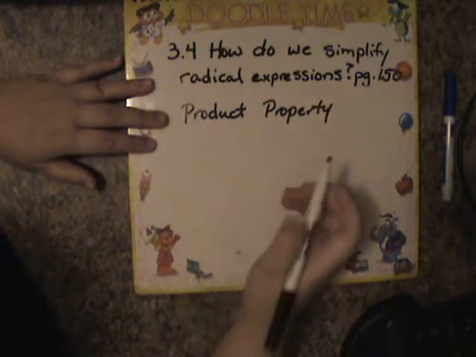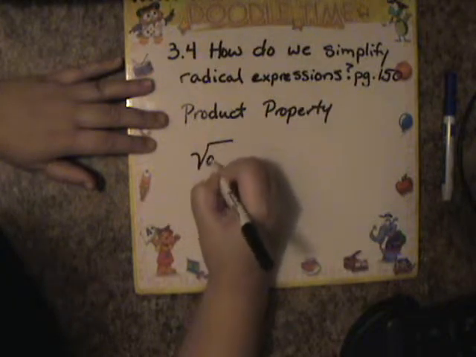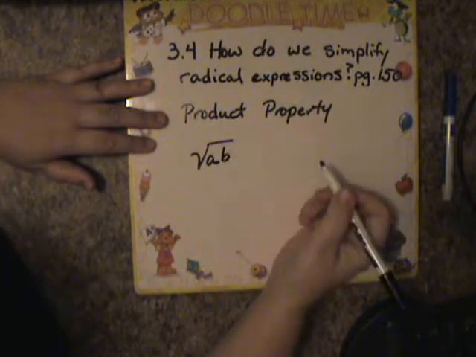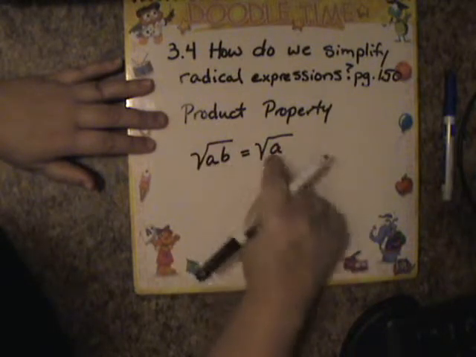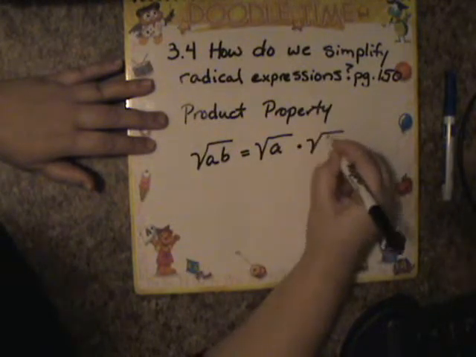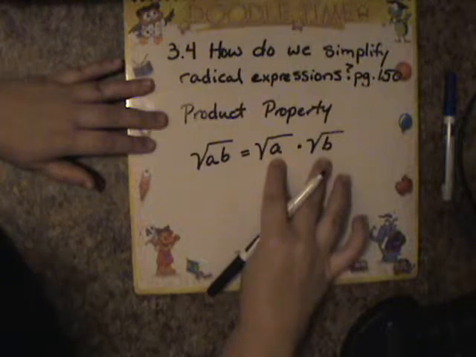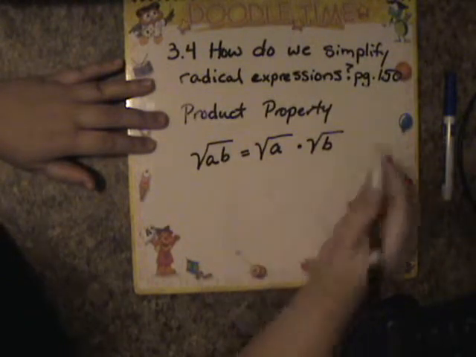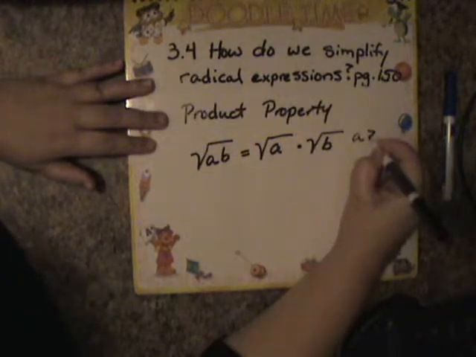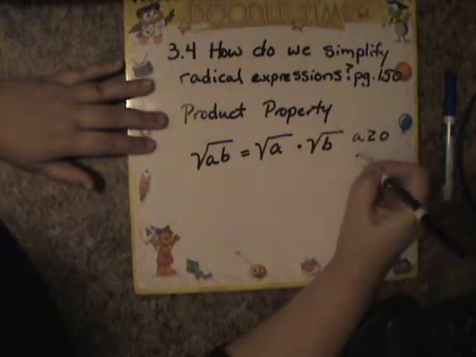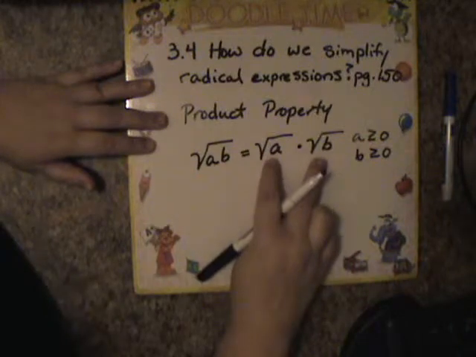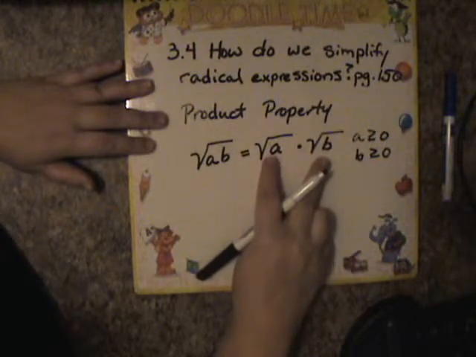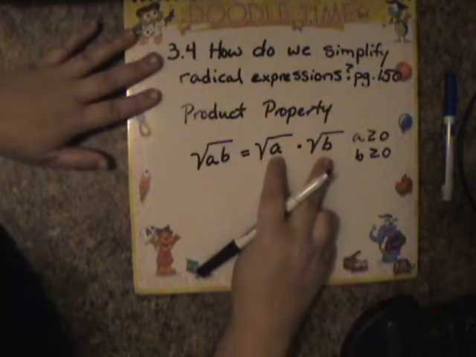What that says is that if I have the square root of a number times another number, that's equal to the square root of my first number times the square root of the second number. And a has to be bigger than or equal to 0, and b also, because you can't take the square root of a negative number. So these two numbers we're going to assume are always positive.